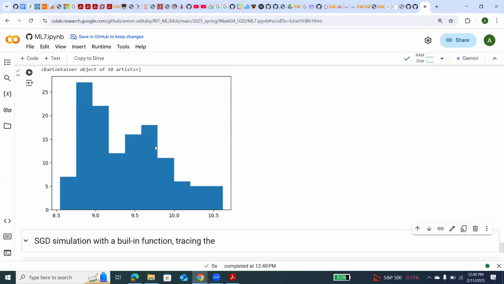Like in the previous case, it looks more like an exponential distribution. In this case, it's more symmetric. So this is one of the reasons why applying logarithms to the target helps to fit our data better.